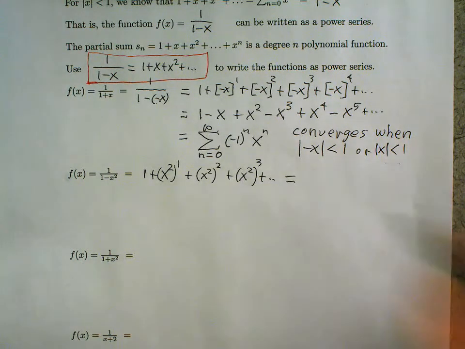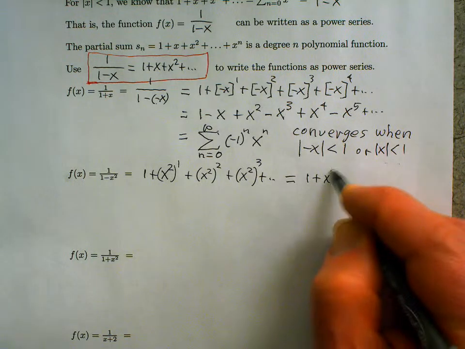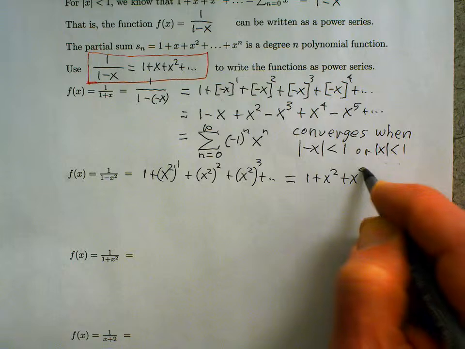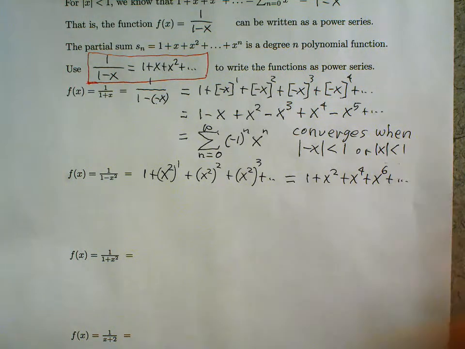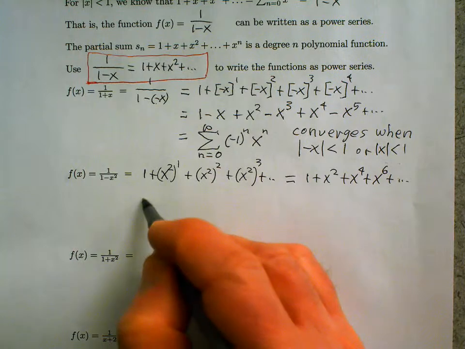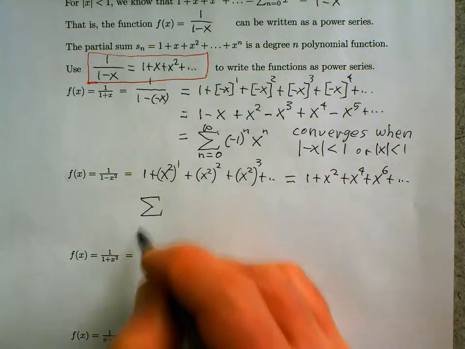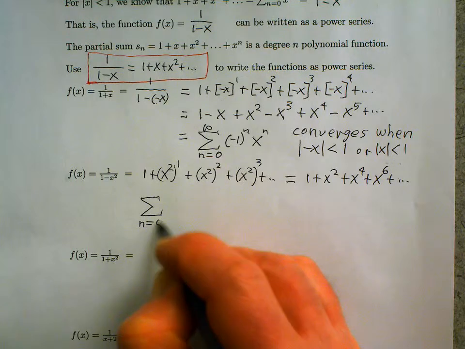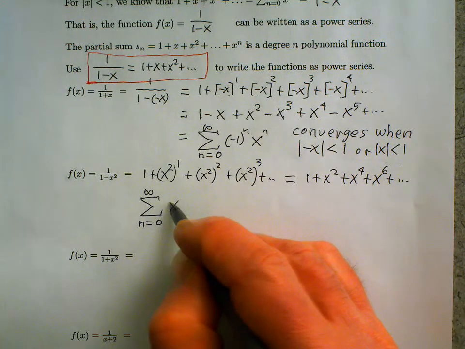And then we'll just write it in the normal way, 1 plus x squared plus x to the fourth plus x to the sixth, and so on. And in sigma notation, the series will begin at n equals 0, and the terms are x to the 2n.